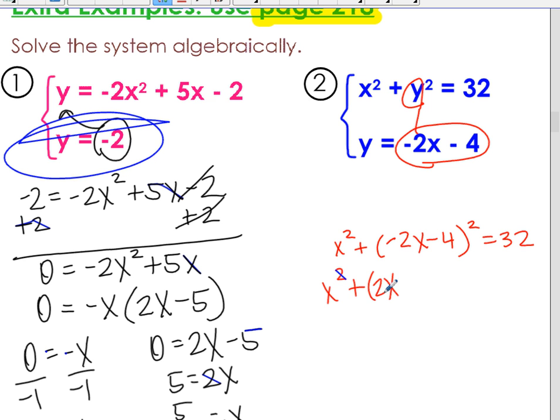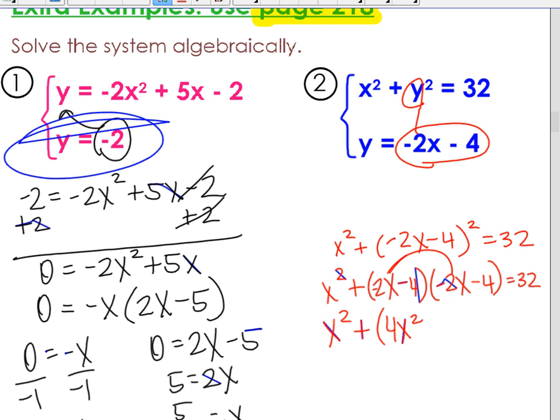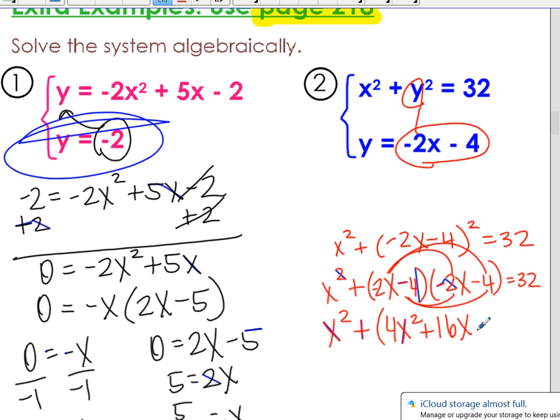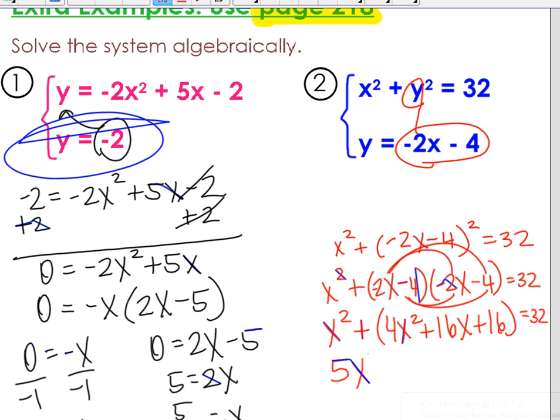So you end up with x squared plus 4x squared, +8 and +8 is a +16x, and then 4 times 4, they're negatives, but it'll be a positive, equals 32. So when you drop your parentheses and combine like terms, you get 5x squared plus 16x, and then you subtract 32 to make that 0. I did a couple steps in one there.